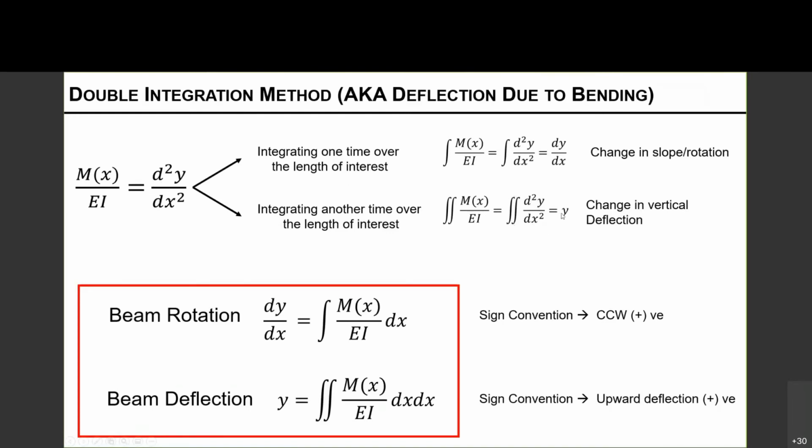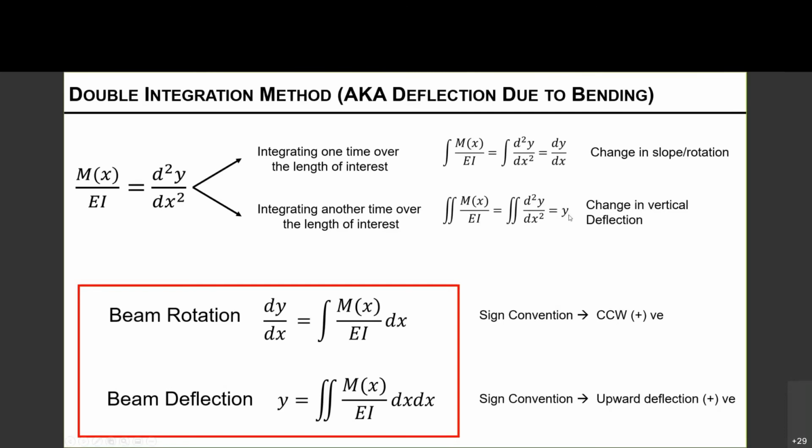And that equals y, which is the deflection of the beam at any point. The reason why we call it the double integration method for finding the deflection is that we are integrating the moment over EI function 2 times. If we do that, we will be able to get the expression for the deflection at any point along the beam.